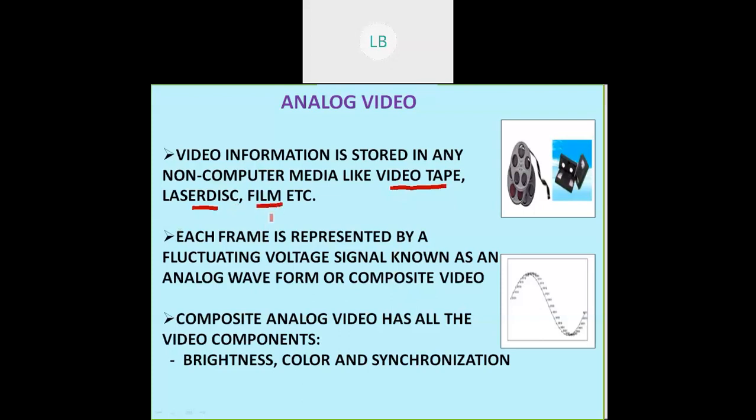film, etc. Each frame is represented by a fluctuating voltage signal known as an analog waveform or composite video. Composite analog video has all the three video components: brightness, color, and synchronization.